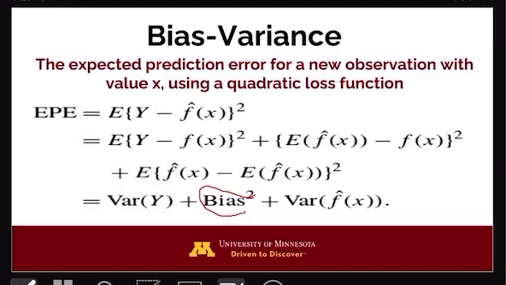Does that make sense? High variance is when you have so many variables in your model, you're actually going to experience what I call over-parameterization. That will lead to overfit. Your model is going to overfit.